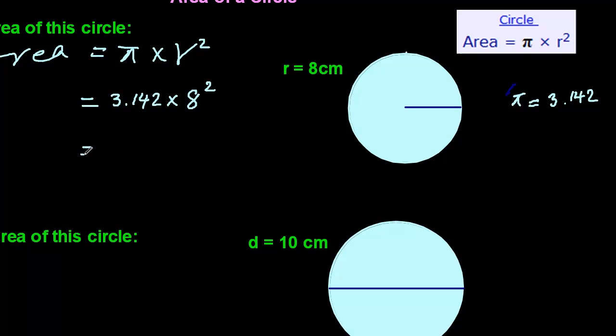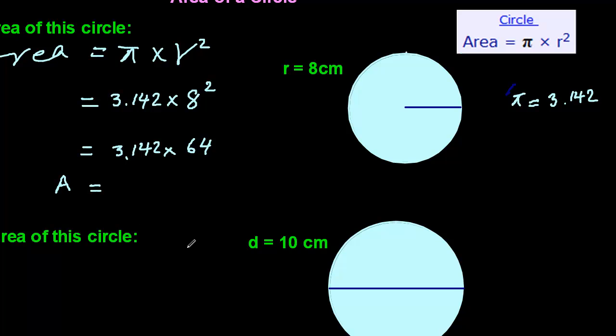Now, following the rules of BIDMAS or BODMAS, we should do the index first. So we need to first work out what 8 squared is, which is 64. 8 times 8 is 64, so I need to times 3.142 by 64.